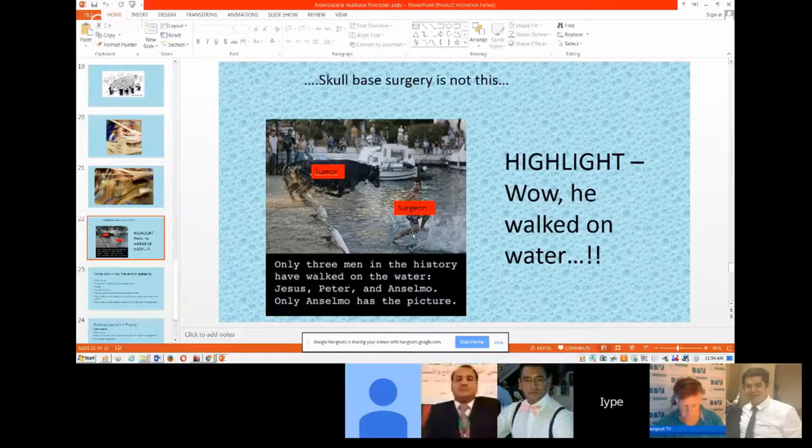But if you know anatomy, you will be this, and the tumor will be here. Very, very important that you know anatomy. If you want to do cavernous sinus surgery, if you want to do lateral skull base aneurysms, if you want to do tumors, you know anatomy.